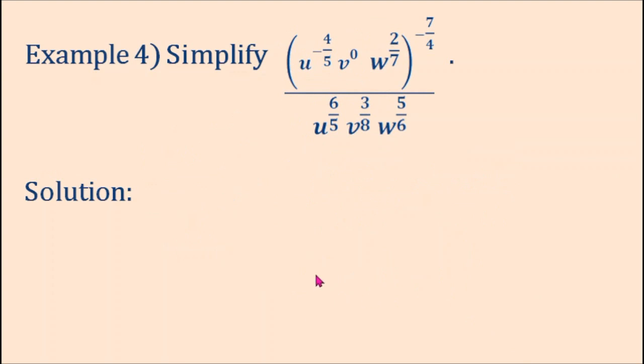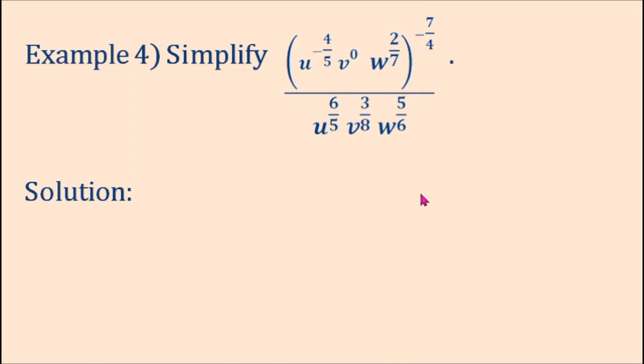Example number 4. Simplify. First, we are going to simplify the numerator. Following our power of a product rule, we are going to multiply the exponents here on our numerator by this exponent here outside the parentheses.